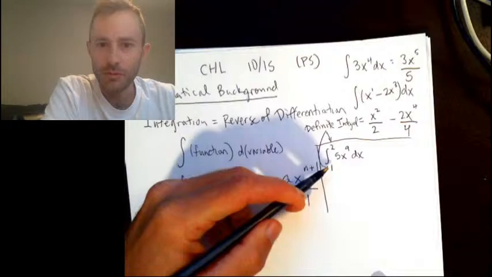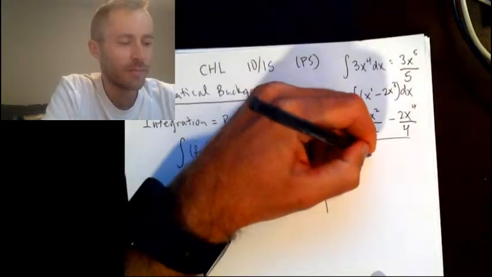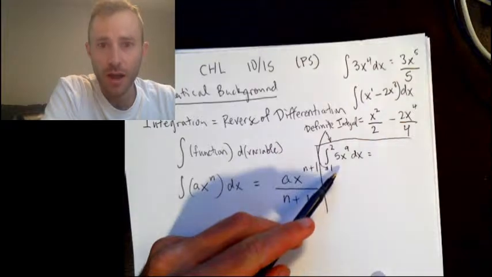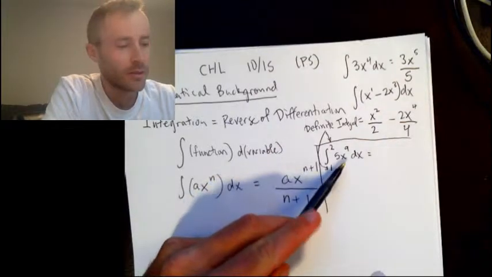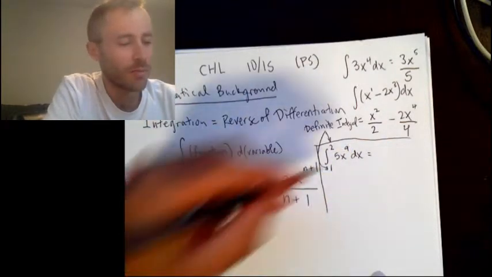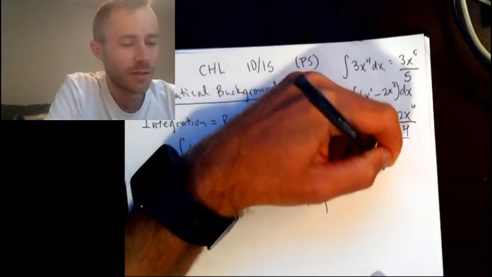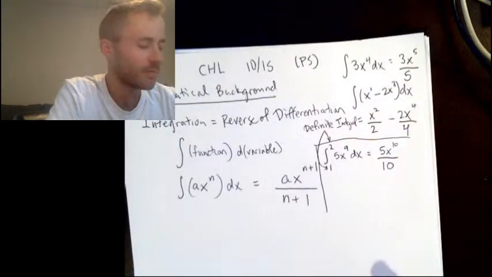What we do is we do the integration just the same way as normal. We bump the power up by 1, so I have 5x to the 10th divided by the bumped up power, 10.